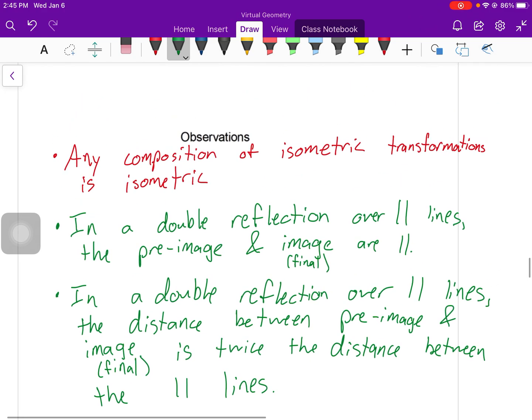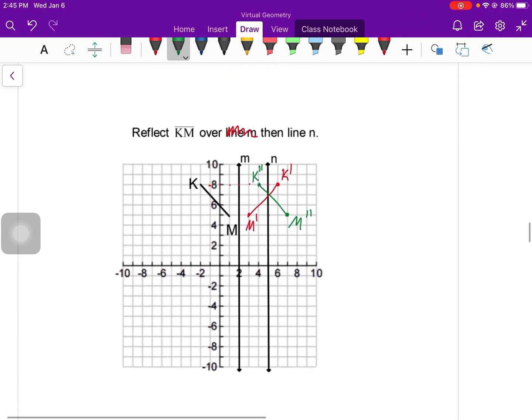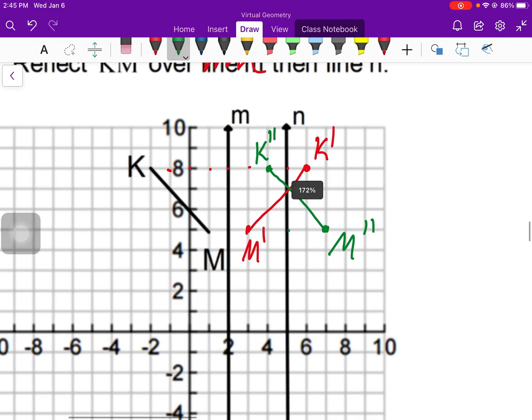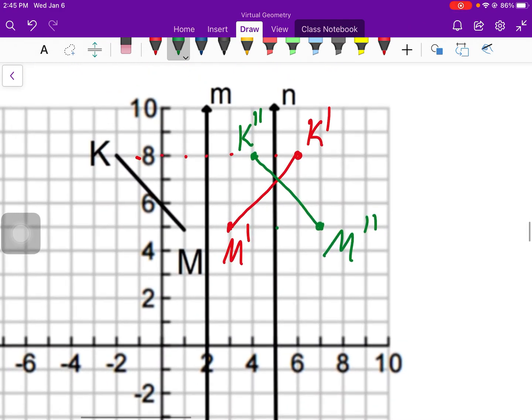what this represents. If you feel like you need to look at that screen a little bit longer, go ahead, pause. But if I count the distance, I'm going to count because I gave nice parallel lines that are vertical, so I can just count. I could use my distance formula. But the distance from line M to line N, from 2 to 5, that is a distance of 3. Well, the distance from K to K prime, or K double prime I should say, should then be 6.